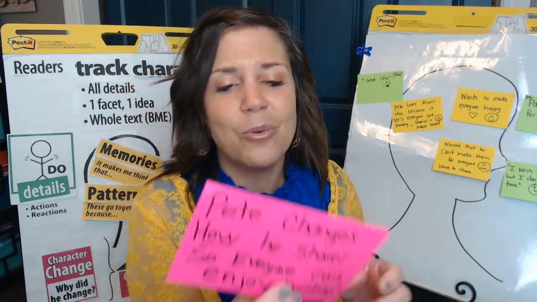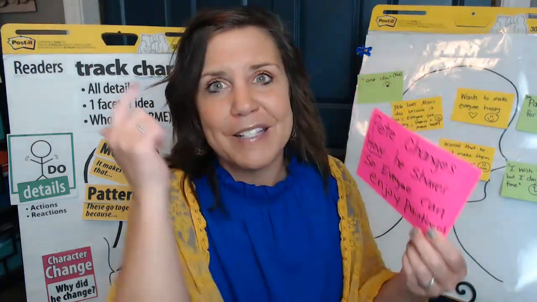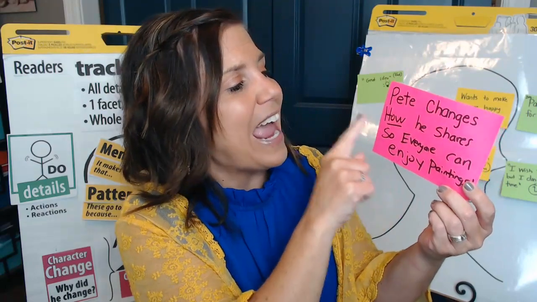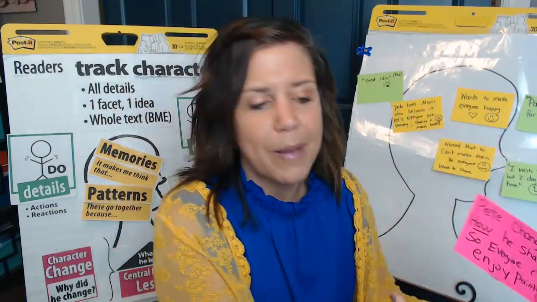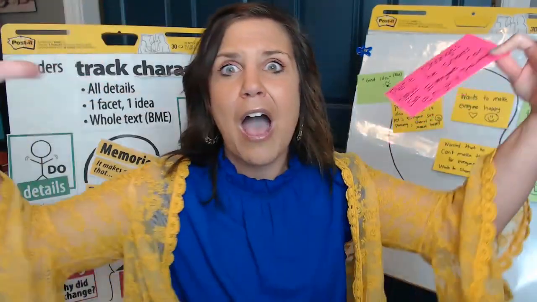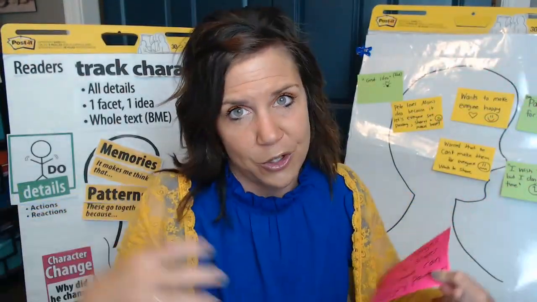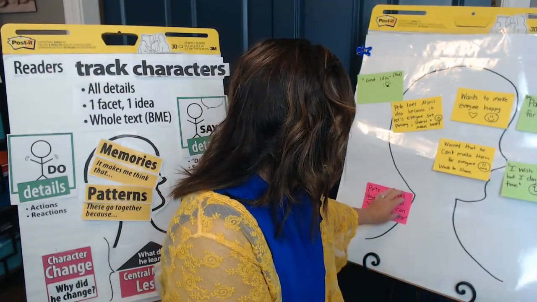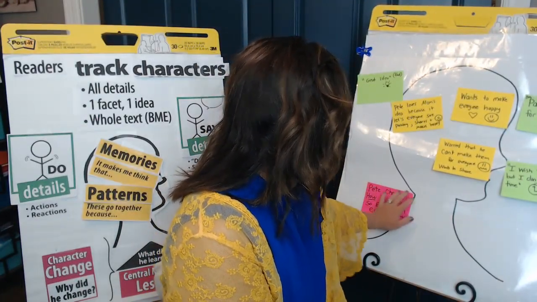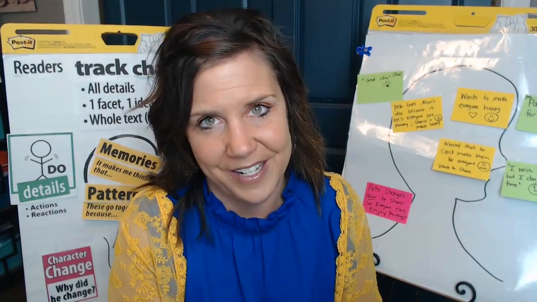And so that's really, I'll put it on pink because that's my new thought. He changes how he shares so that everyone can enjoy his painting. Instead of painting little pictures, now he's painting a huge picture that everyone can see. So that's really how Pete changes. He changes how he does it.